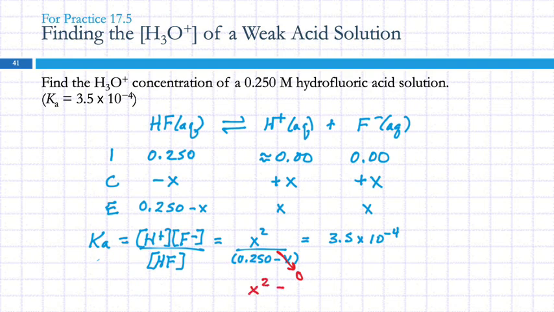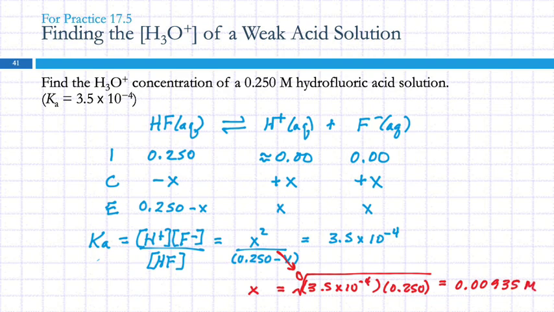So then we have x squared is 3.5 times 10 to the minus 4 times 0.25, and to get rid of the square, we take the square root of that. This gives me 0.00935.